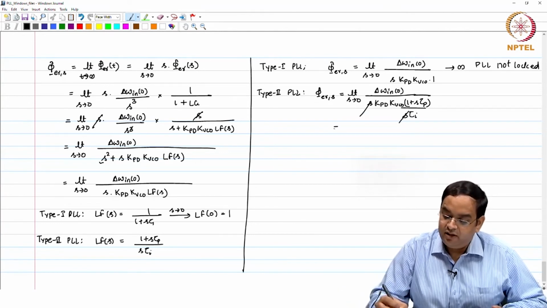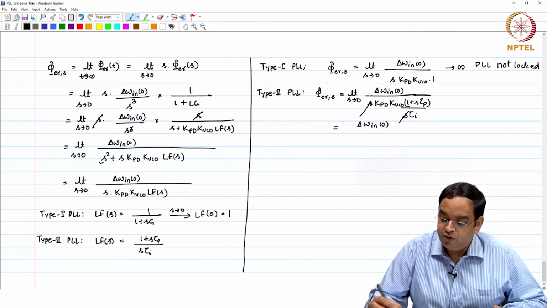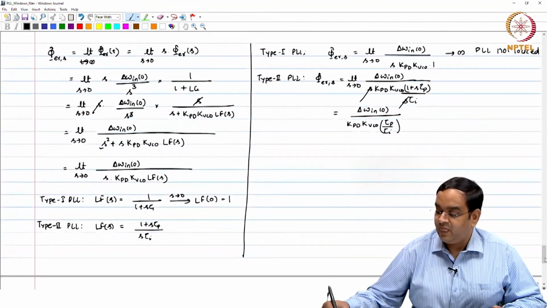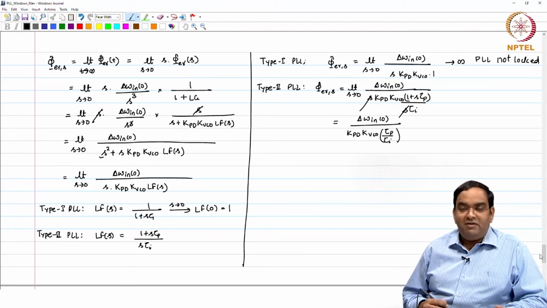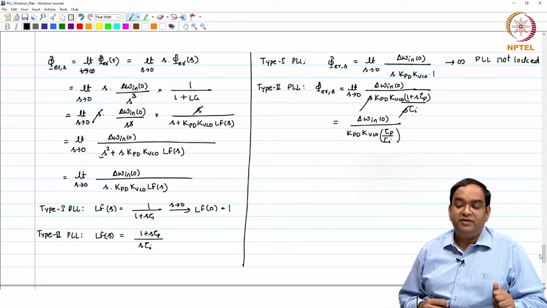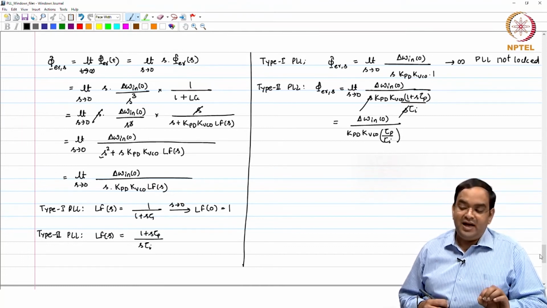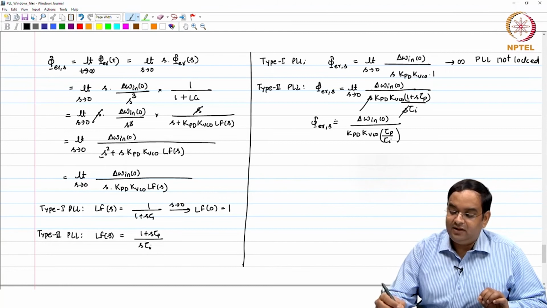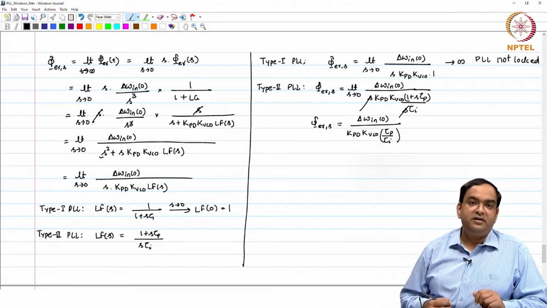What you see here is limit s tends to 0, and substituting now, delta omega in 0 divided by kpd k VCO into tau p by tau I. This is interesting: when the change in the input frequency is given as a frequency ramp, in type 1 PLL it will lose lock, but in type 2 PLL you will have a fixed phase error given by this at the output of your phase error detector.